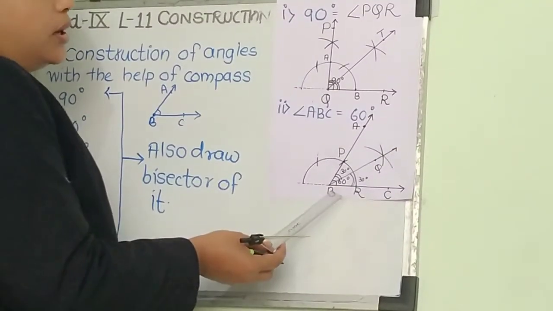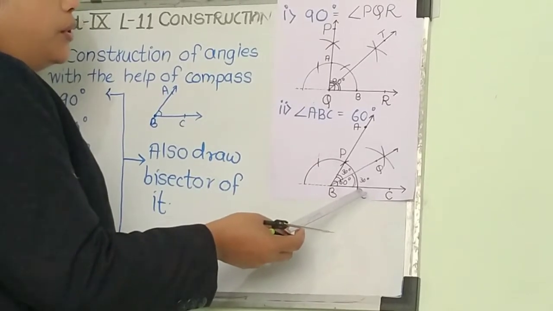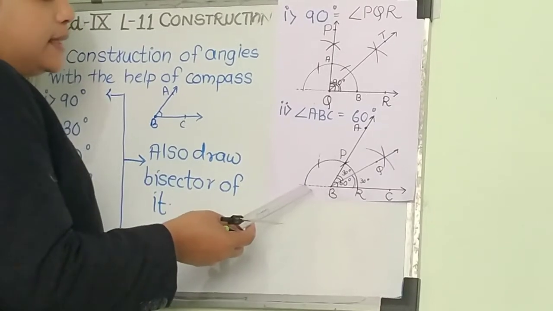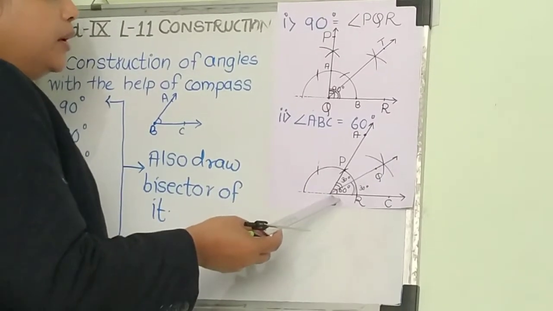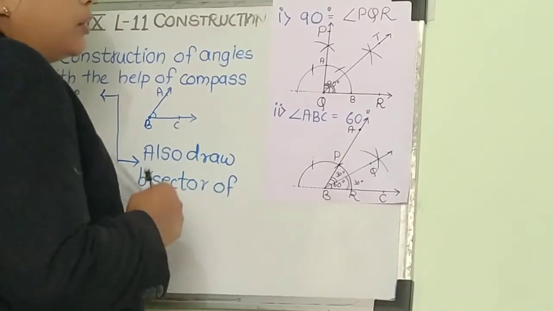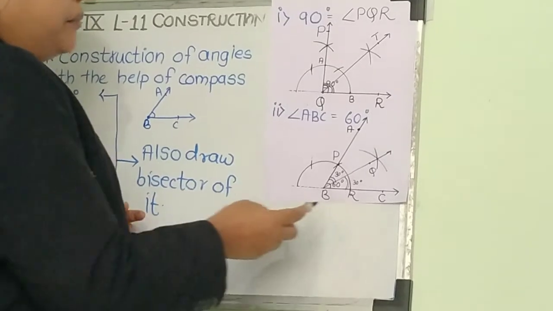First you draw the BC ray, then you are going to draw the semicircle. For that you have to extend from B to the left. Then take the same measure or same radius.